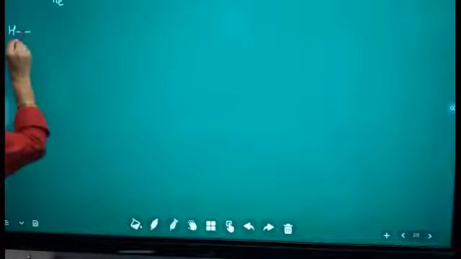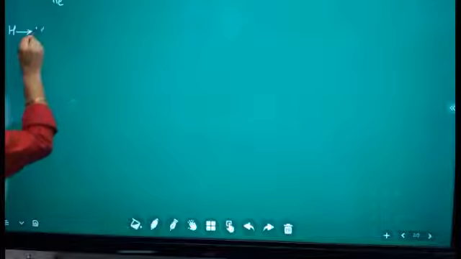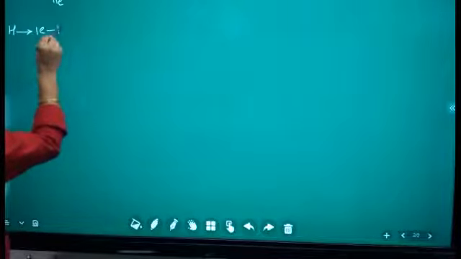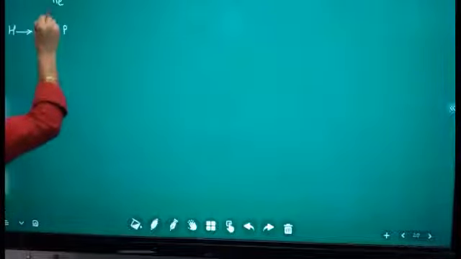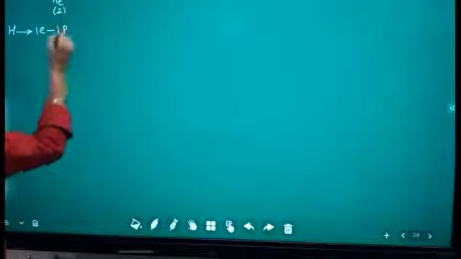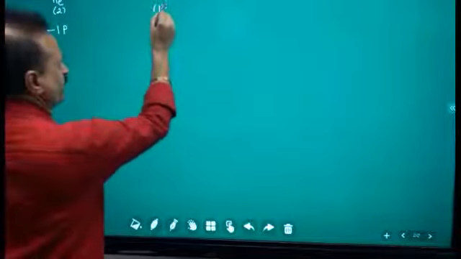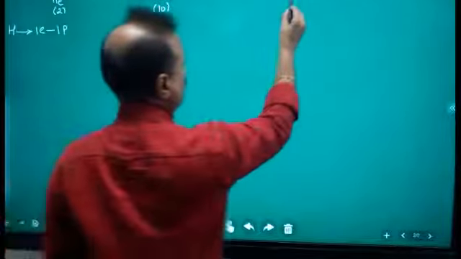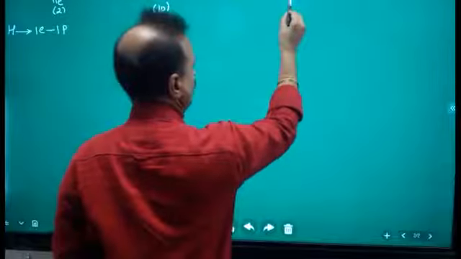First we will discuss hydrogen. Hydrogen has 1 electron and 1 proton. We all know that. The atomic number of helium is 2, of neon is 10, and of argon is 18.